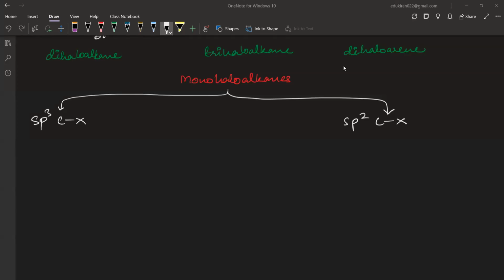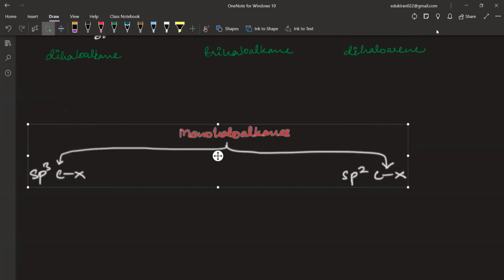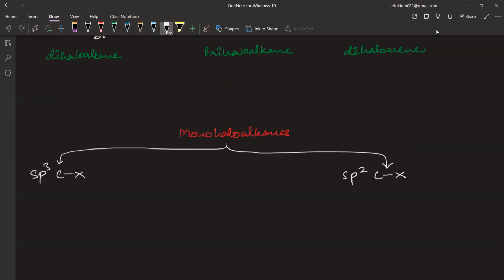Still, let me explain. See, if a carbon has one double bond, it is going to be sp2.